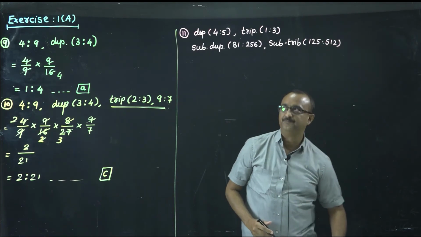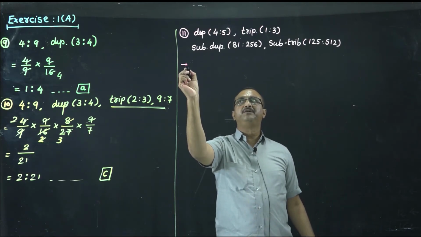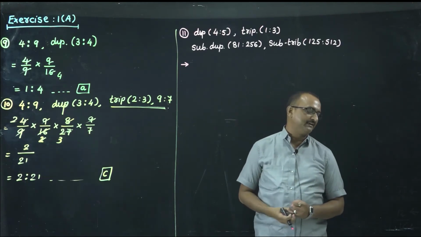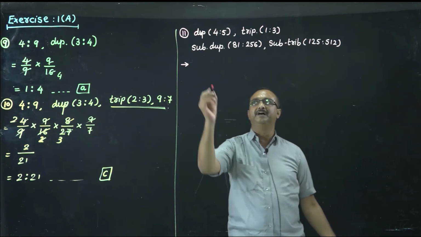Again we have to multiply the given ratios. So the duplicate of 4 is to 5.